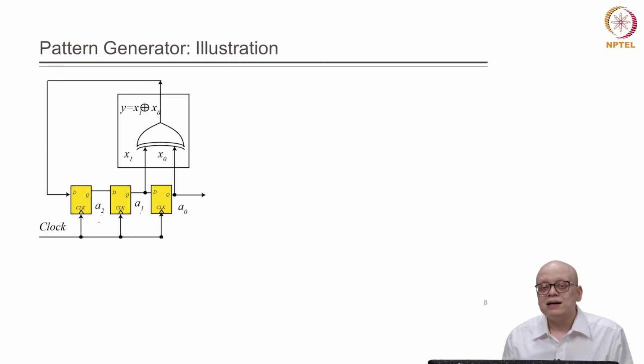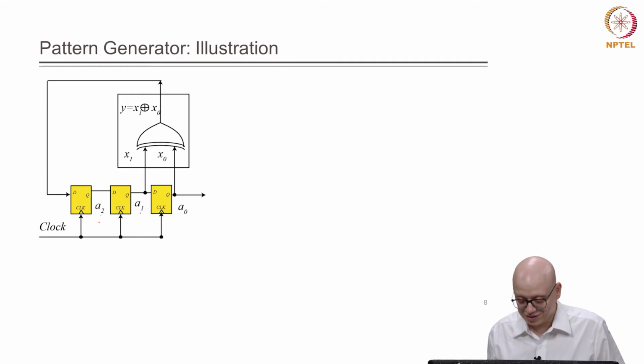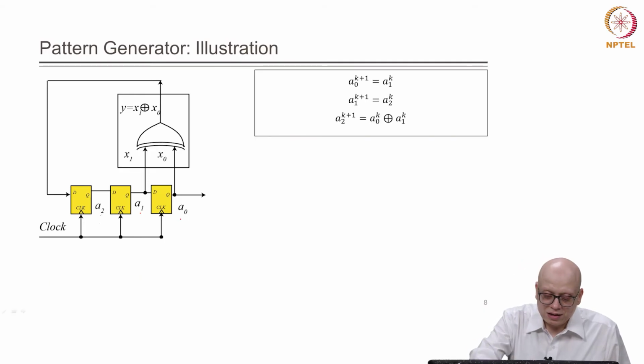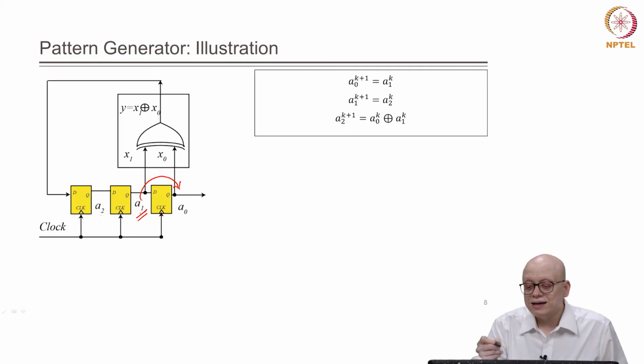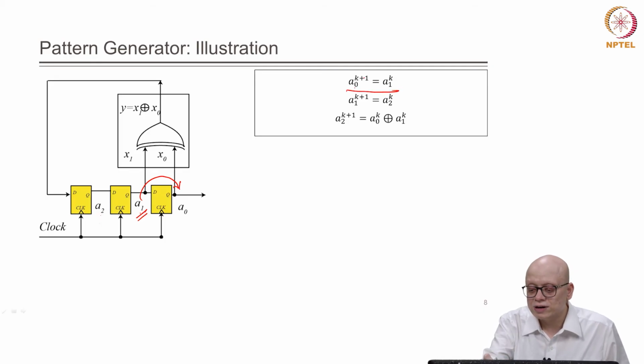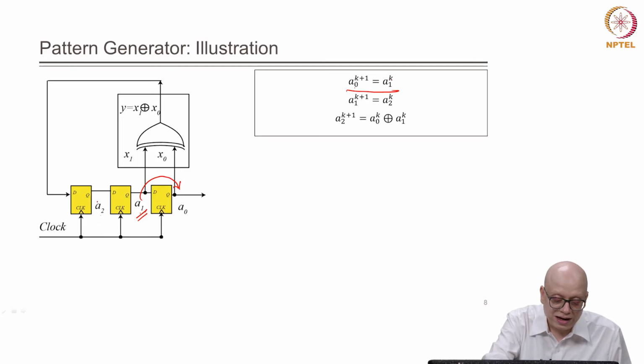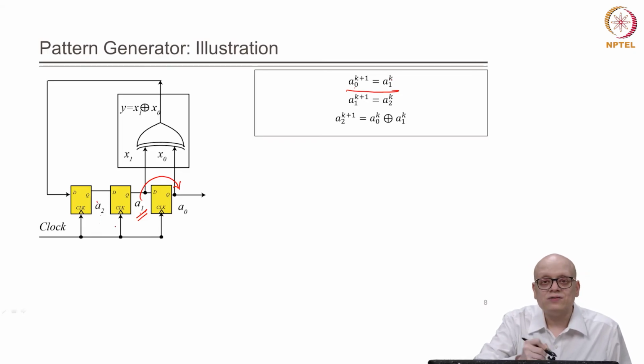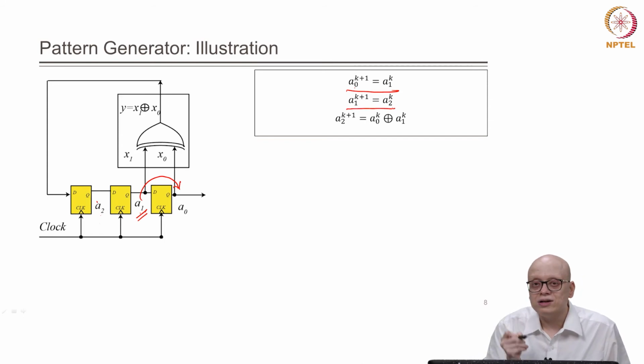So, first let us write its next state equation. For whatever the value was of A1 in the current clock cycle, that will go to A0 in the next clock cycle. So, A0(k+1) is A1(k). Similarly, what was the value in A2 in the kth clock cycle will go to A1 in the next clock cycle. So, we will have A1(k+1) is equal to A2(k).